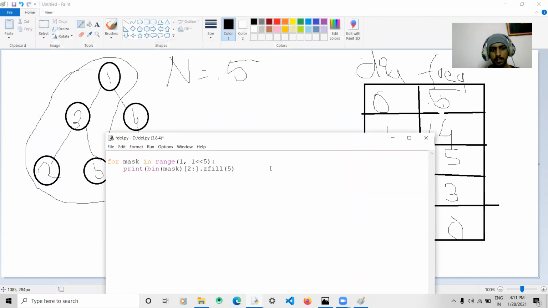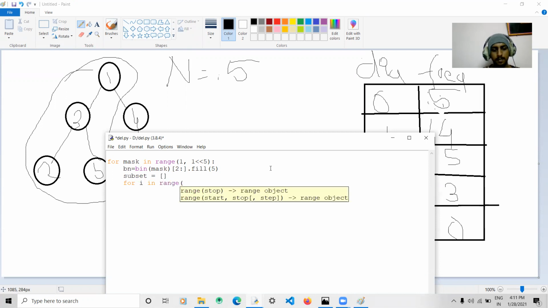What we can do here is basically zfill 5, and we know this is our binary number, and we will see what kind of subset we get. For i in range 5, if i is on, meaning 1, then you just append the value.